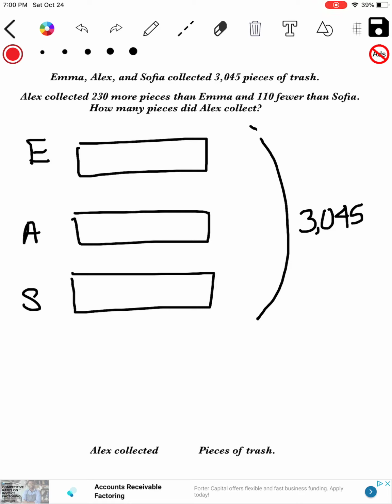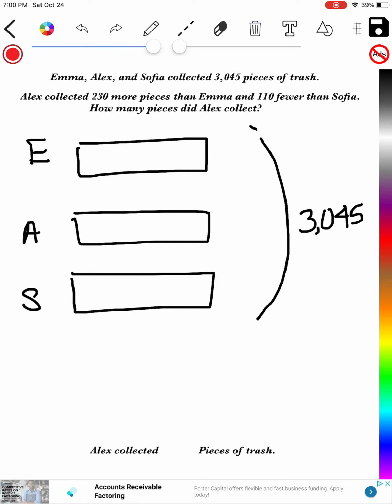For instance, I can see right now Emma and Alex currently have the same number of pieces of trash according to the size of our bars because they're both representing the same amount. But we know from that sentence that we just read that Alex's bar should be longer or Emma's bar should be shorter. What I'm actually going to do is I'm going to adjust Emma's bar here.